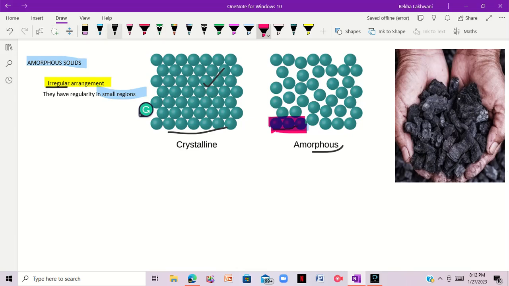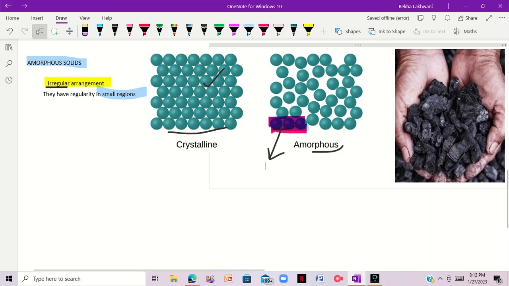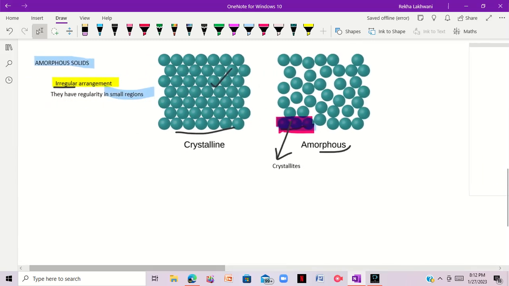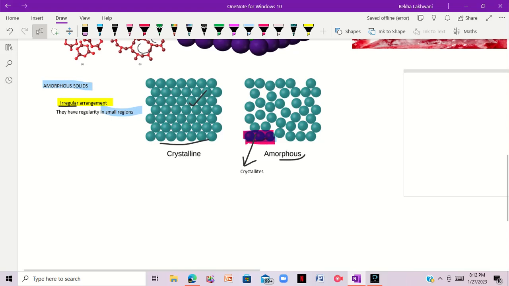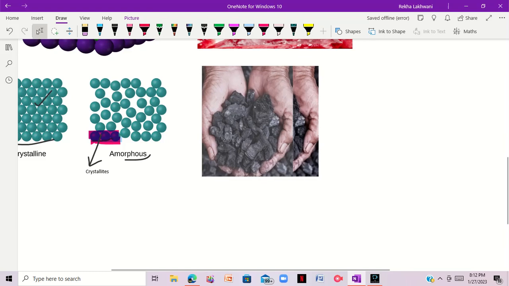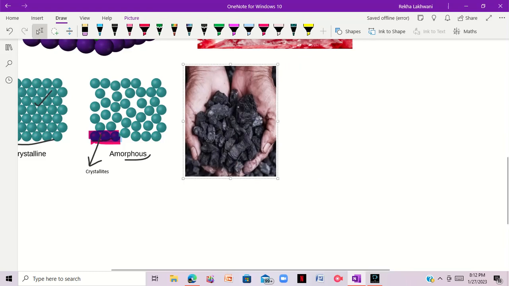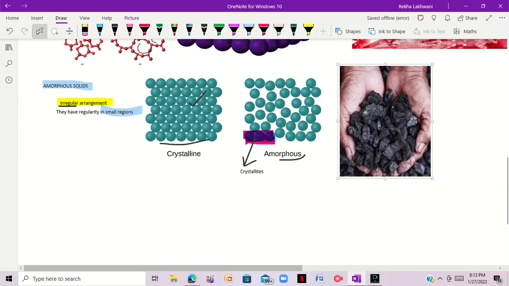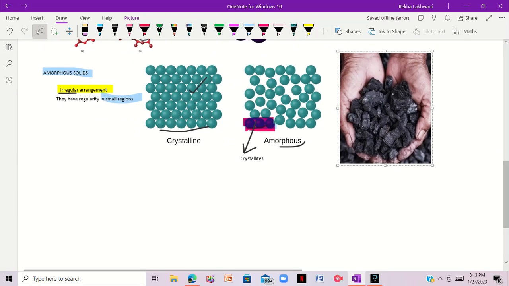These structures are known as crystallites.